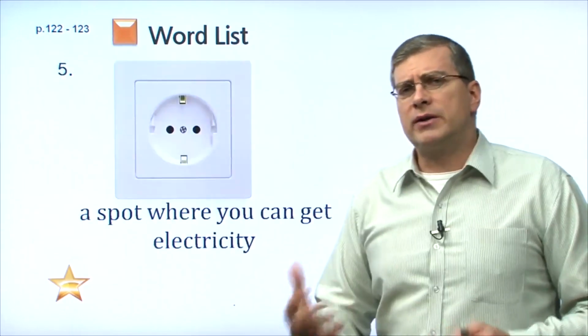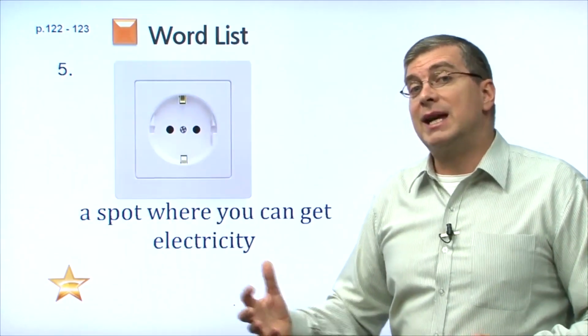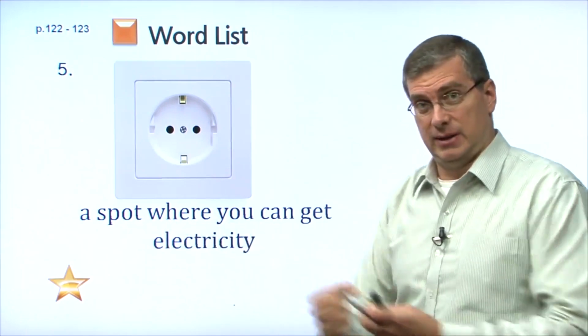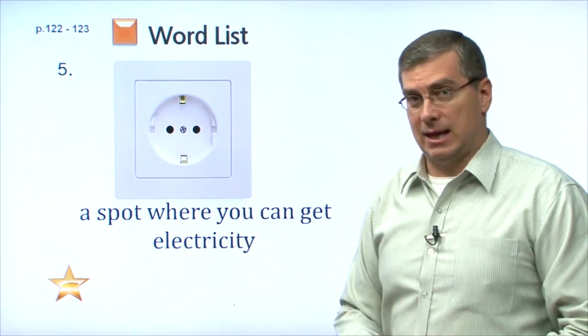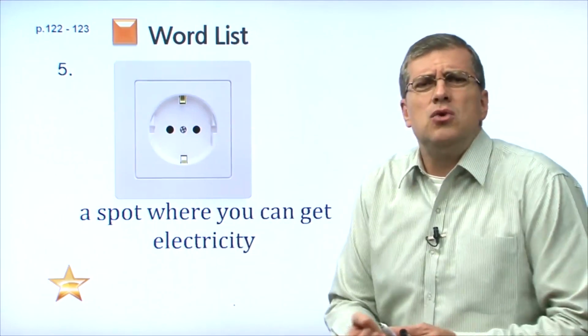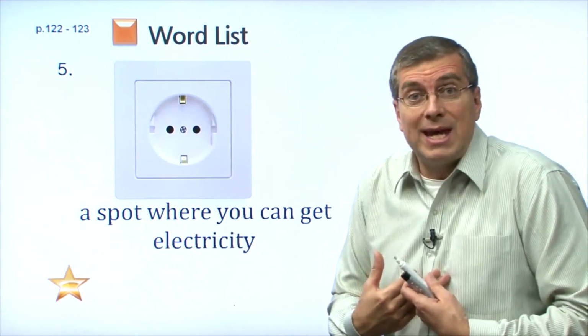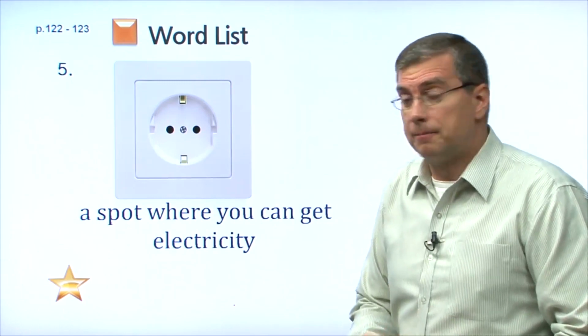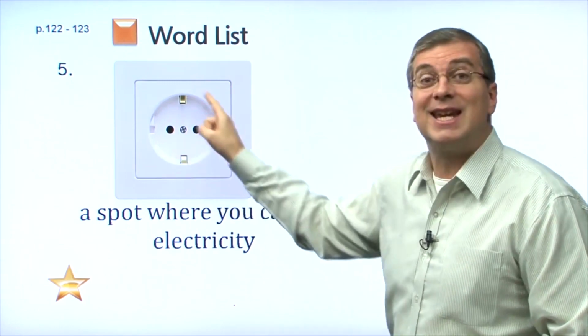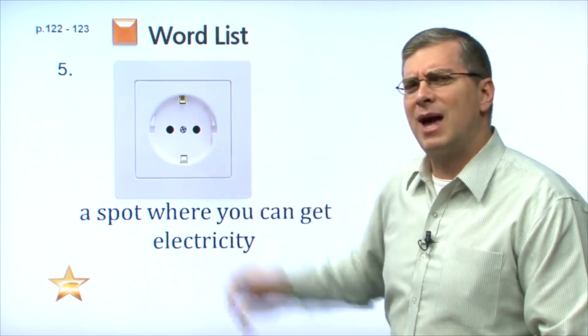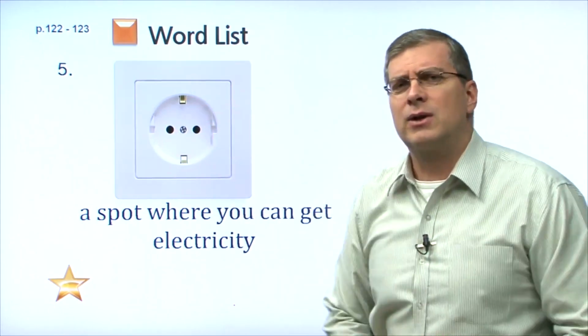Now, we've talked about where electricity comes from. We found out how we can make electricity. But how can we use electricity? Where can we get the electricity from? We can get electricity from this. You can see this in your house, right? How many do you have in your house? Wait, you can count them later.